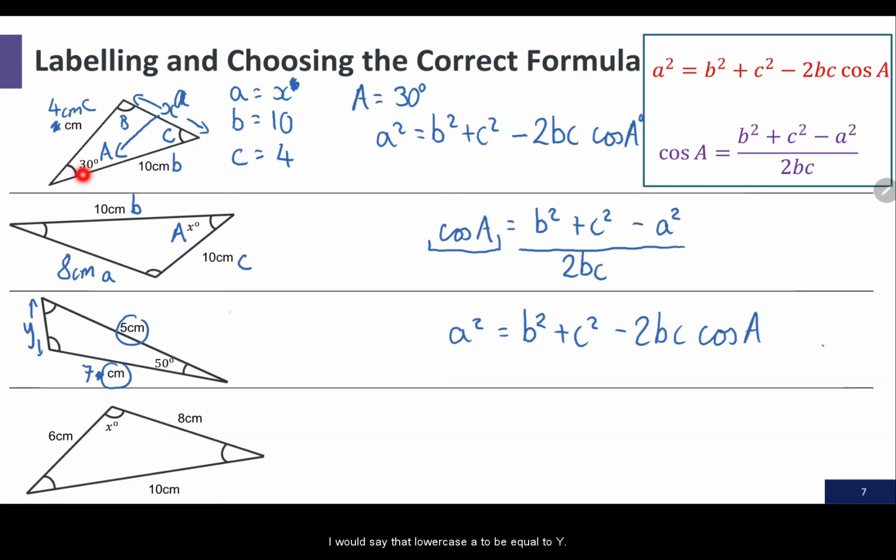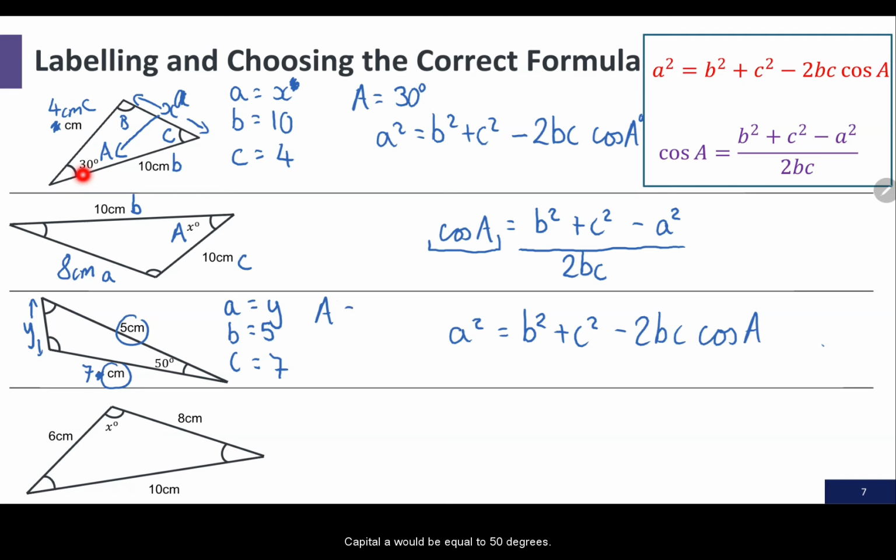For this problem, I would say that lowercase a would be equal to y. Lowercase b would be equal to either 5 or 7, it doesn't matter, and the same for lowercase c.